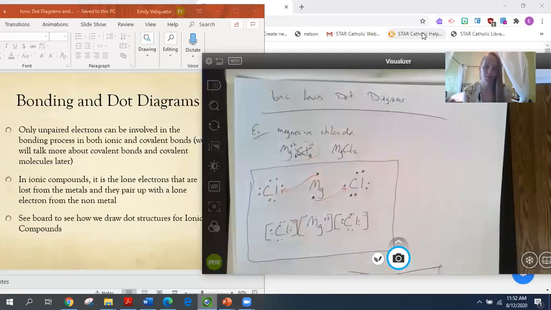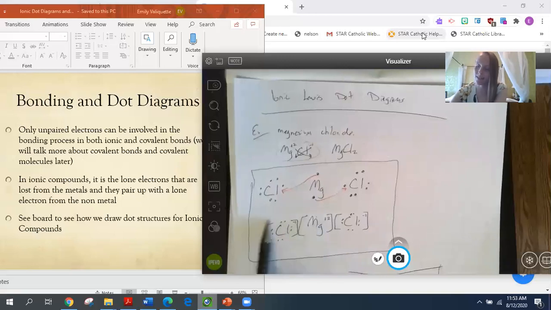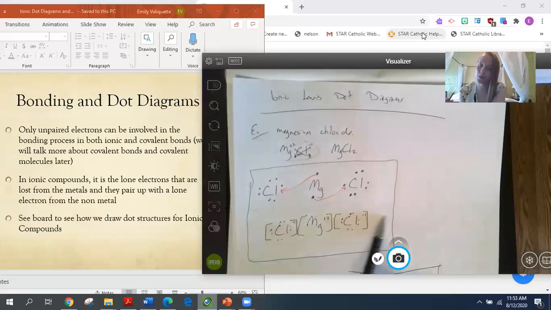It is also important to note that you can only have metals touching non-metals. You cannot have 2 metals touching one another. You cannot have 2 non-metals touching one another. So if you had written this out the same way, only you had taken this chlorine and put it over here instead, that would be incorrect.